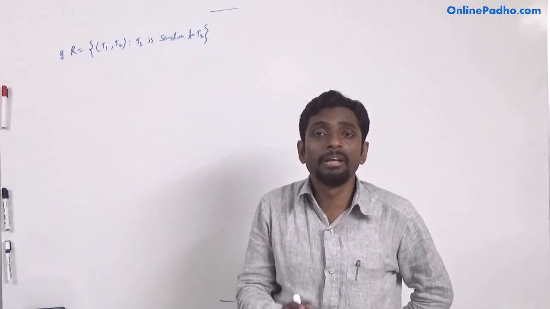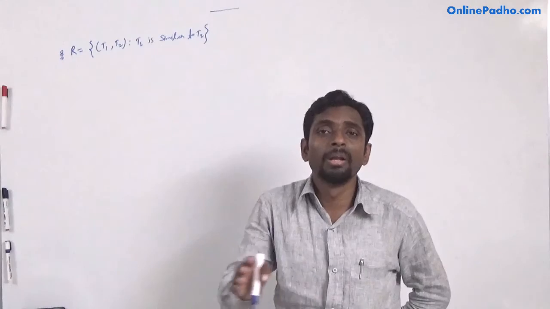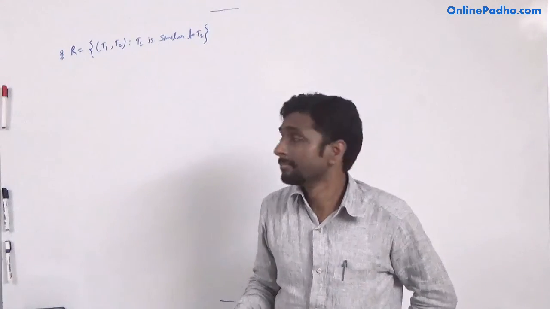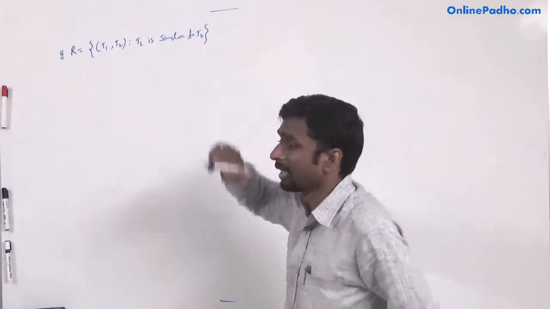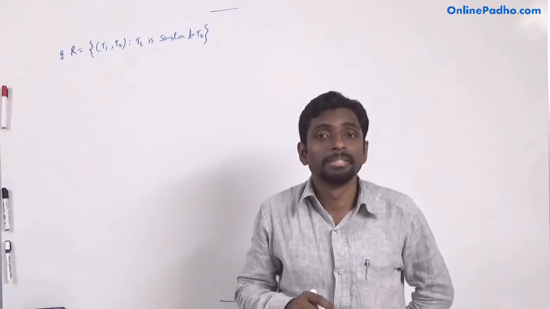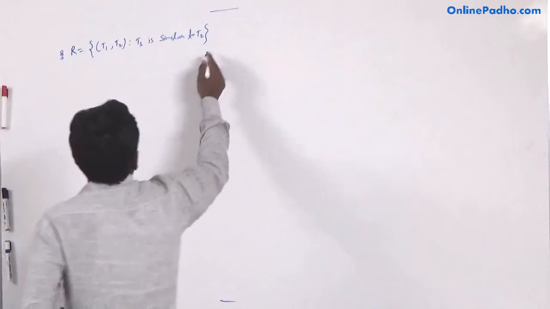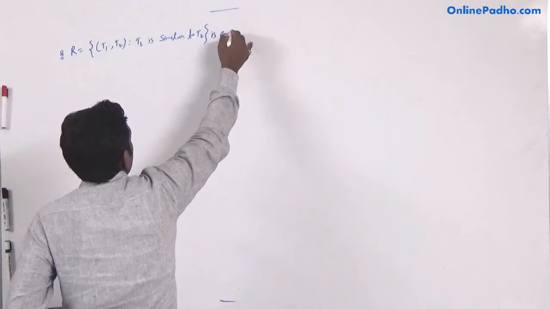Set A is a set of all triangles in a plane. And we have to prove this relation is an equivalence relation.